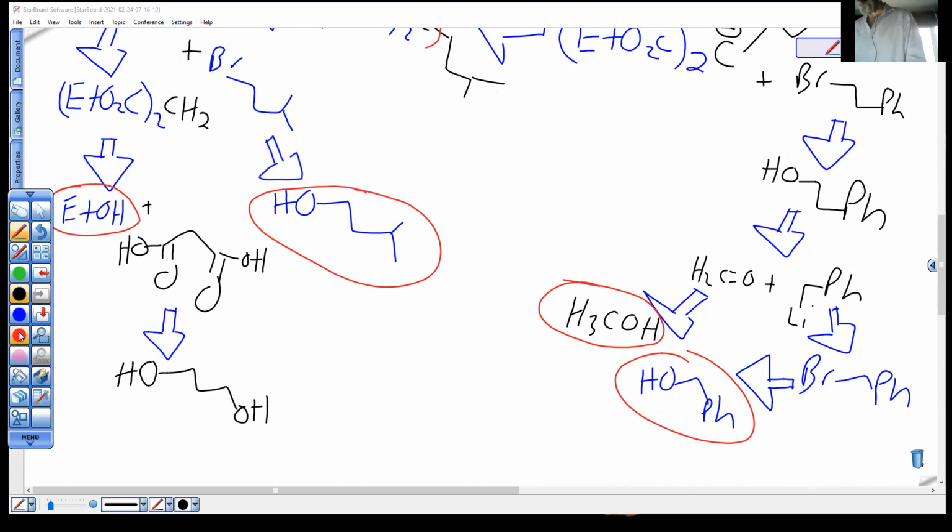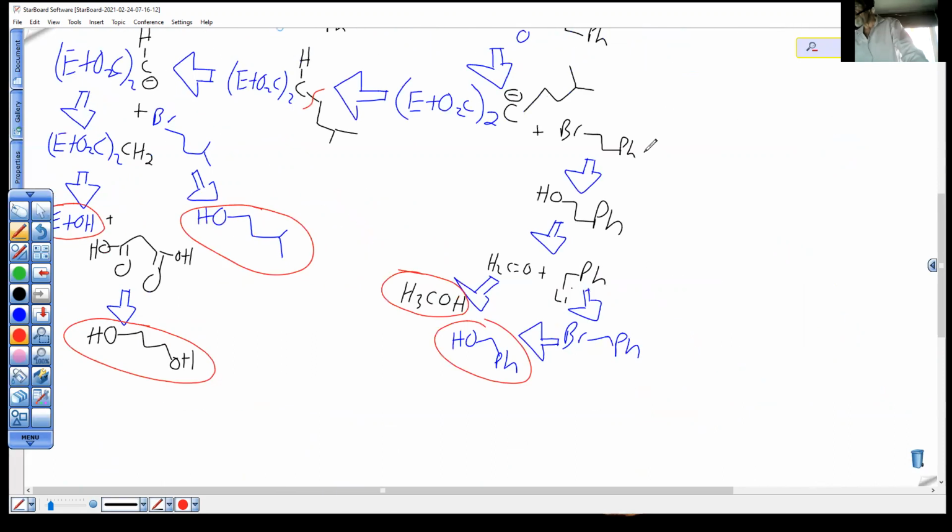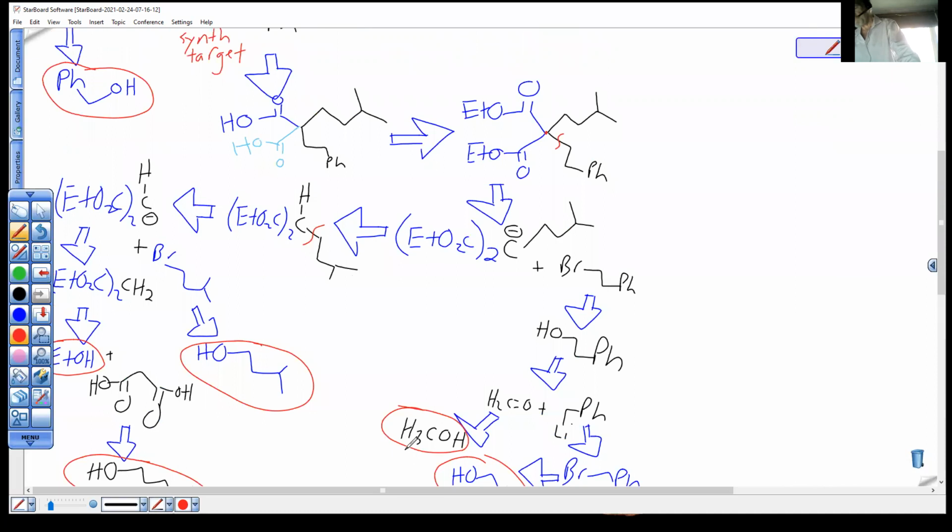Circle it. And after that, we're going to do our forward synthesis. Big picture forward synthesis coming up.